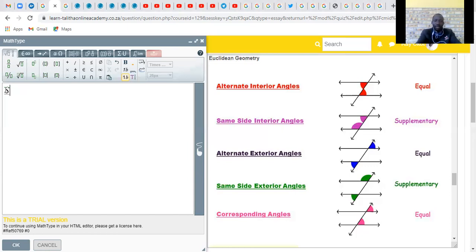Same-side interior angles, or sometimes they are known as co-interior angles. So we're investigating co-interior angles.